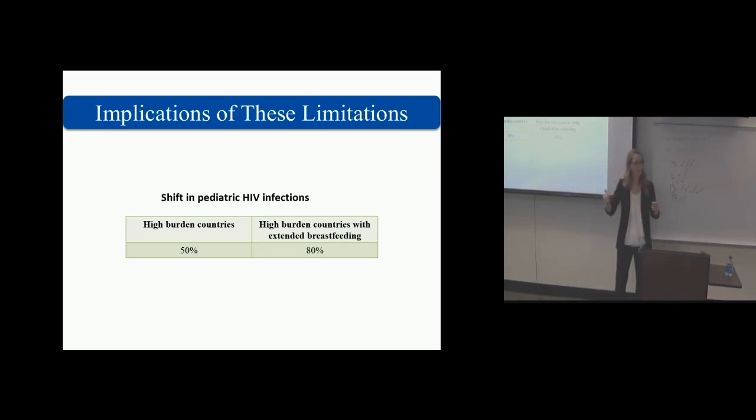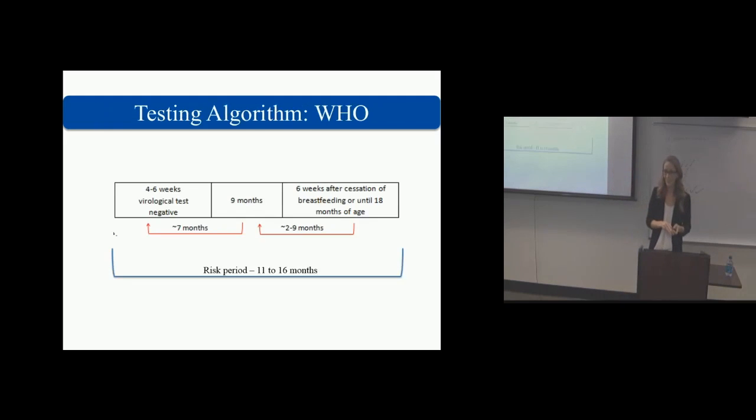And in areas with extended breastfeeding, like in Malawi, a lot of women breastfeed through 2 years, 8 out of 10 new infections will occur during the breastfeeding period. Remember, 2 testing time points. I know I keep making that point, but I think that's the highlight of why there's a definite need. So the risk period during the postpartum period is about 11 to 16 months with those 2 testing time points.